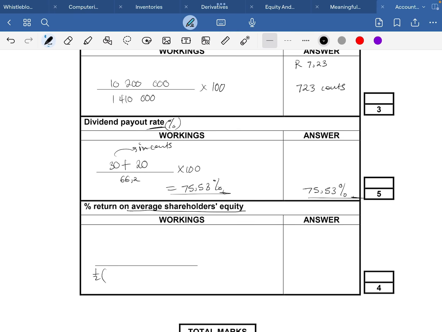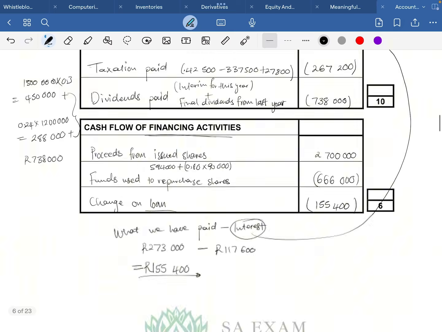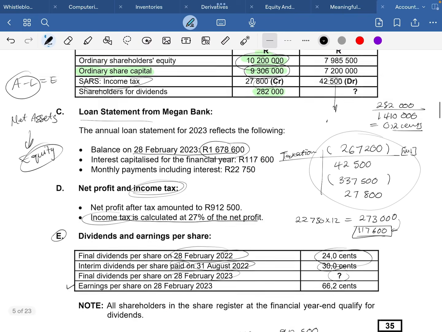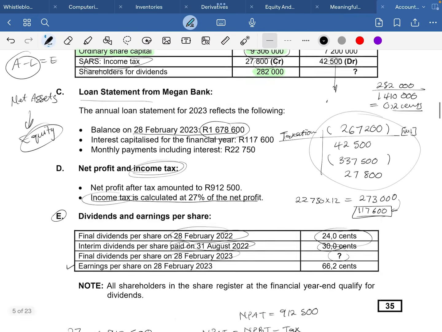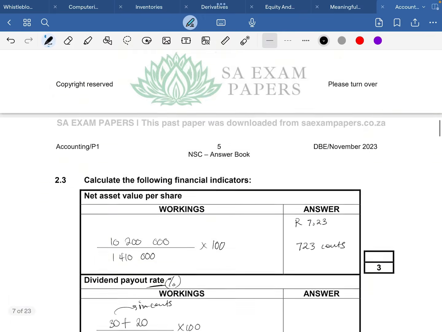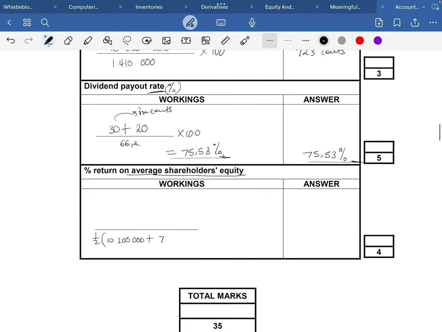Opening balance plus closing balance: the closing balance is 10,200,000 plus the opening balance on your shareholders' equity of 7,985,500. And then on top we have the percentage return on average shareholders' equity.